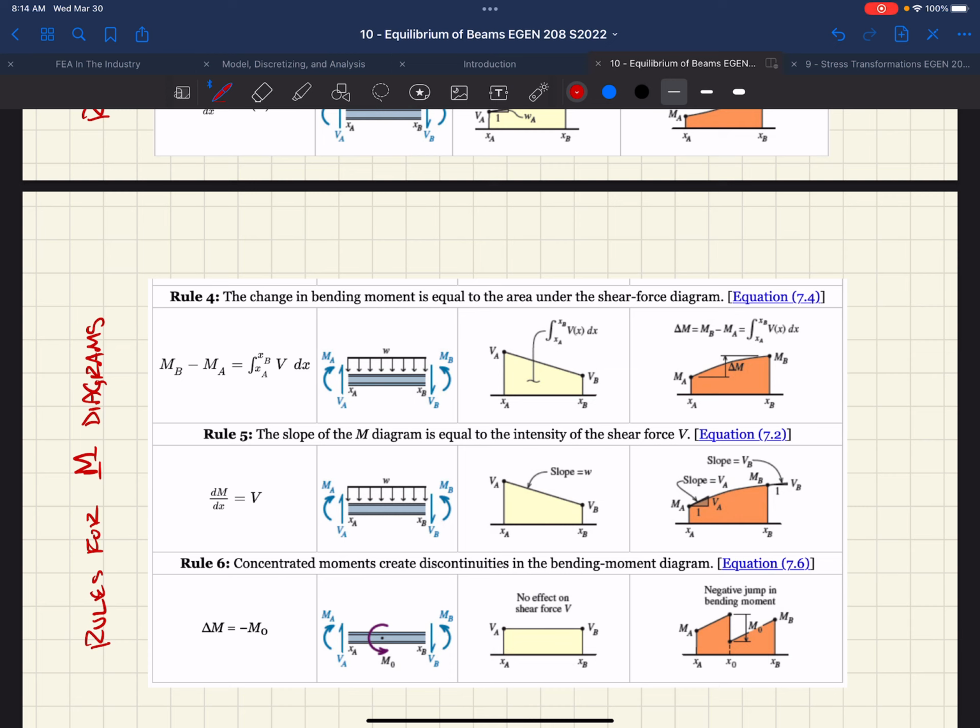The rate at which we change is the magnitude of our shear force diagram, right? So if we have constant shear, then we have a constant slope in our moment diagram. If we have a linear change in shear, we have a quadratic slope for our moment diagram. They're interrelated.